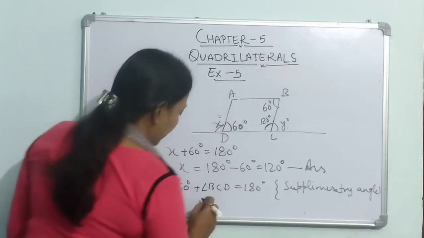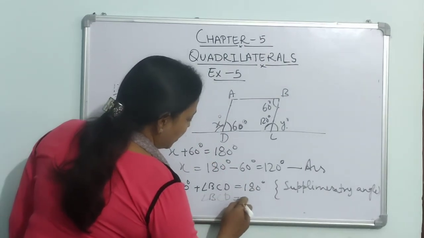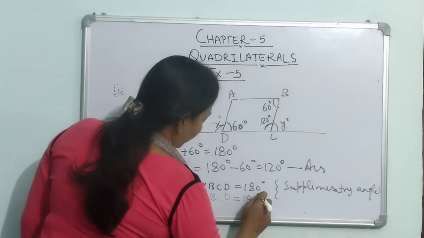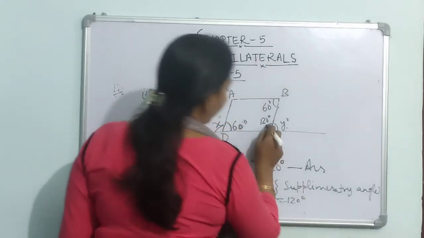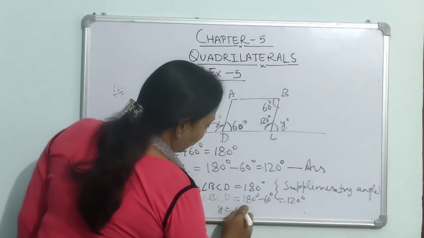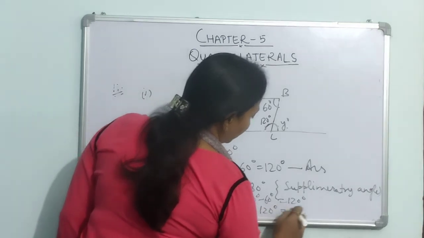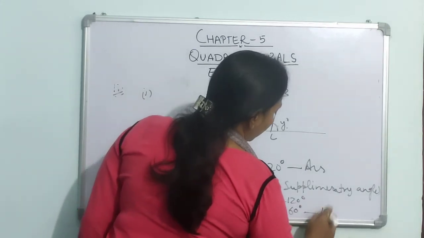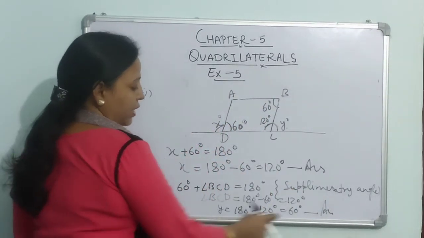So now here angle BCD is equal to 180 minus 60 degree, it will be 120 degree, and if this is 120 then y is equal to 180 minus 120, that is 60 degree. So this is the answer. First one, x is 120 and y is 60.